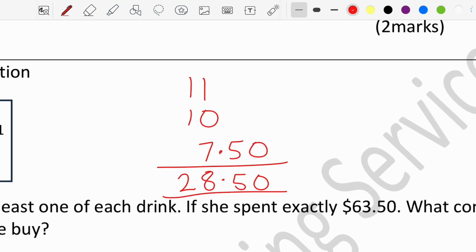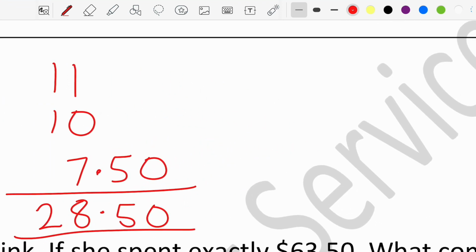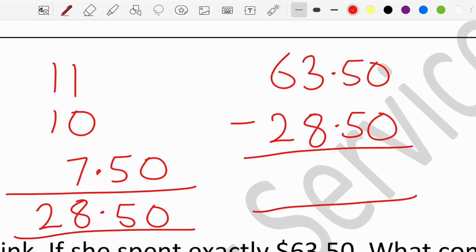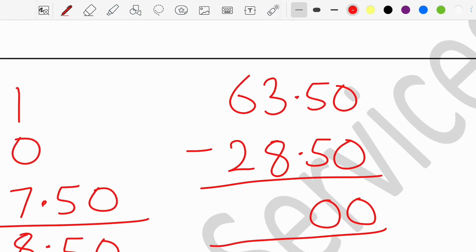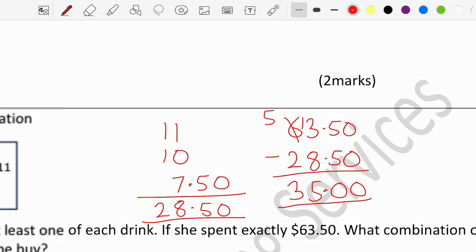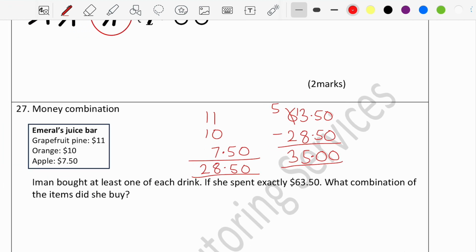Right? If we take that away from the total, 3 can't take away 8, so we borrow. So we remain with $35.